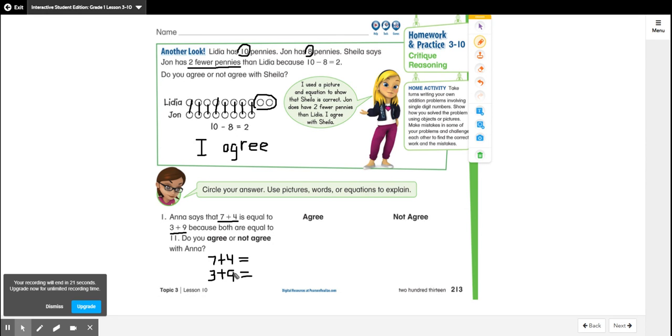If one is not equal to 11, then that means you do not agree. So you need to be able to write the answer to both of these equations and then say, do you agree? Are they both equal to 11? Please make sure to complete page 213.